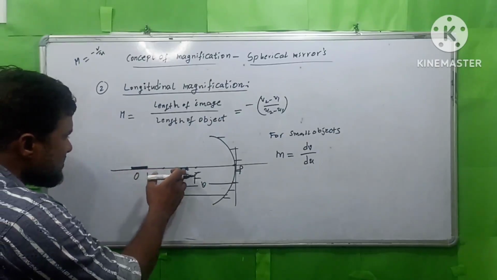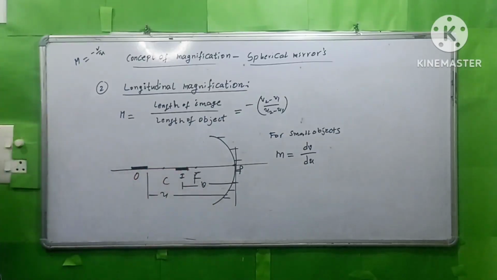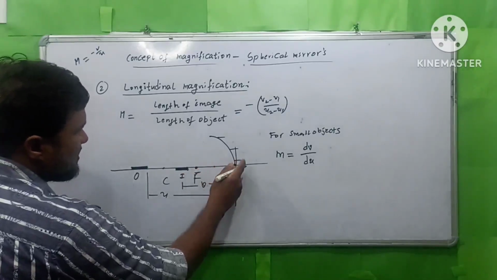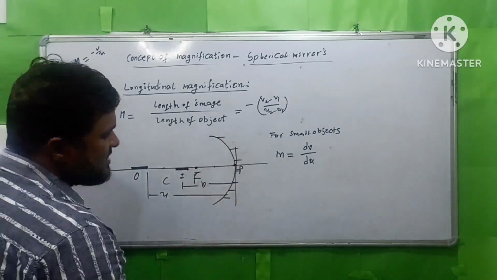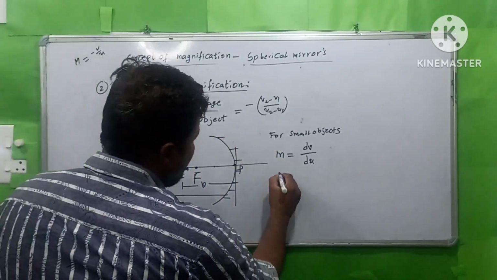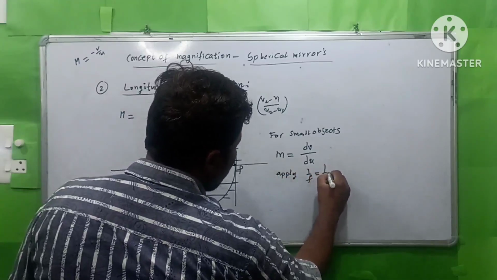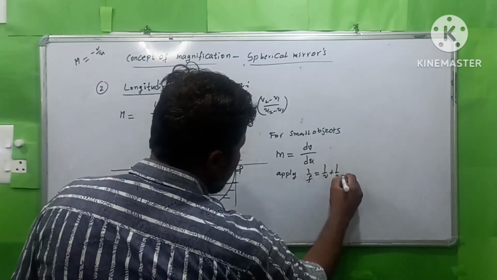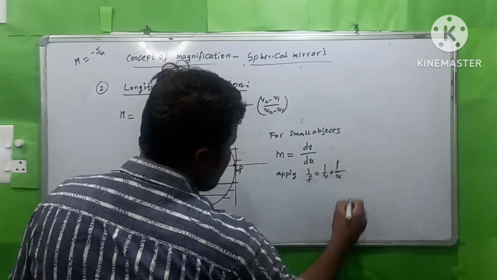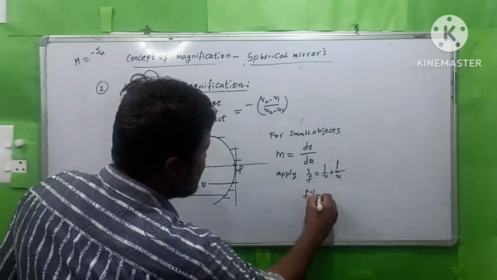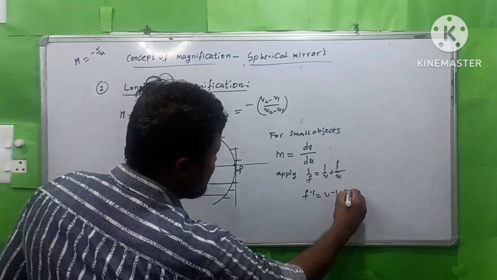If you move this, this also moves. But the focal length of the mirror remains constant. The mirror focal length is fixed here. Apply the mirror formula: 1 by f is equal to 1 by v plus 1 by u. We can also write it as f inverse is equal to v inverse plus u inverse.